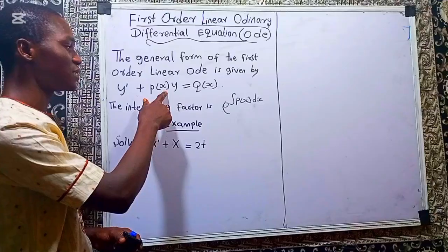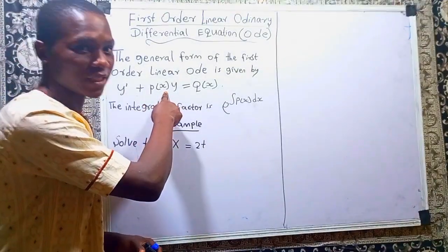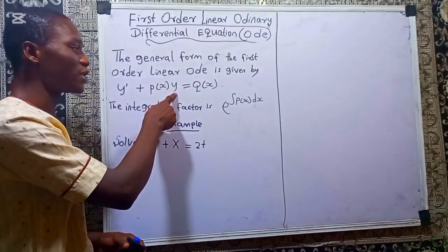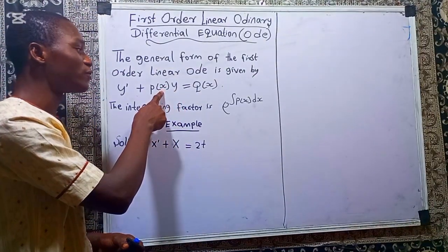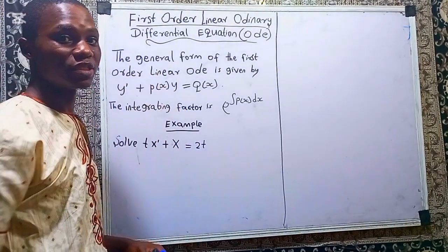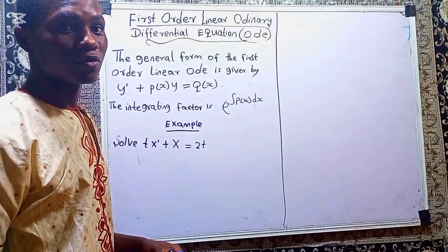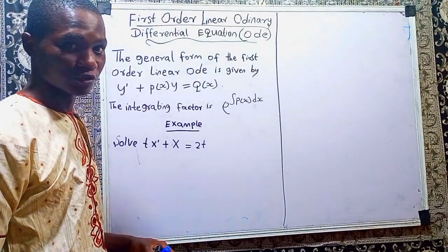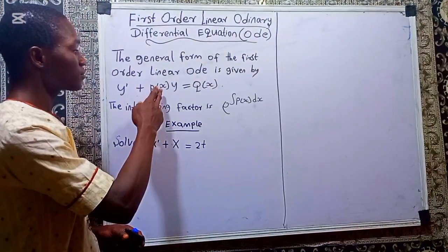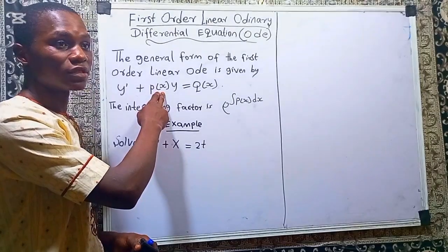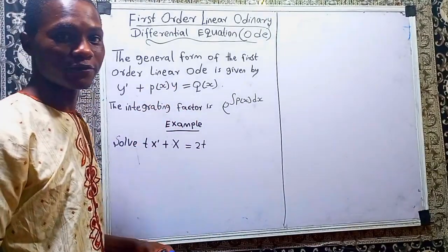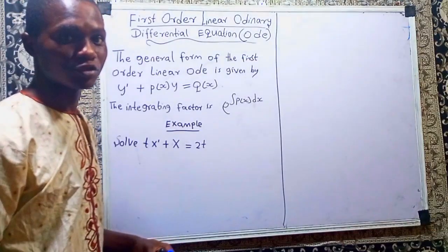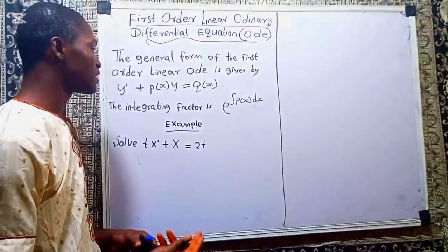This p of x is the function of what? The independent variable, which is multiplying your dependent variable y. And this p of x could be a constant function. So it could be just 1, it could be 2, it could be a polynomial function, it could be sine function or cosine function, as the case may be.